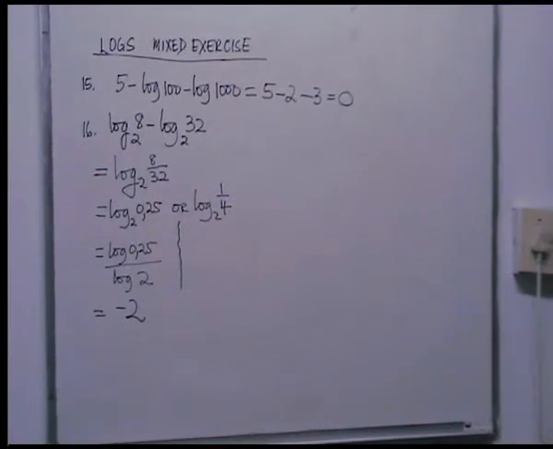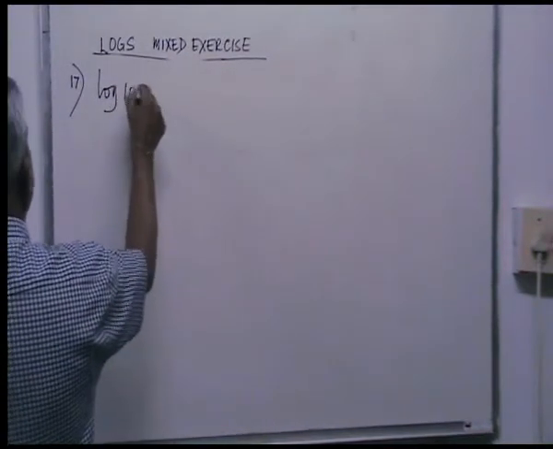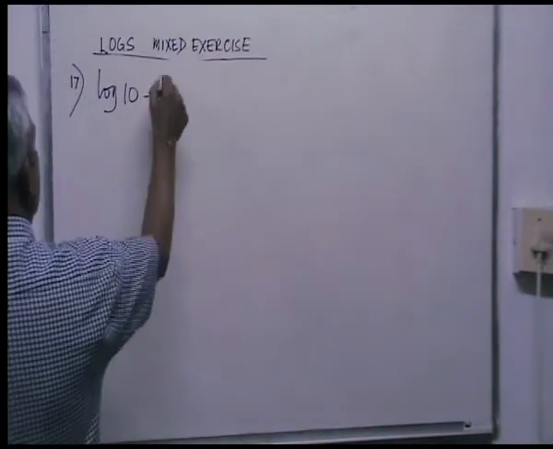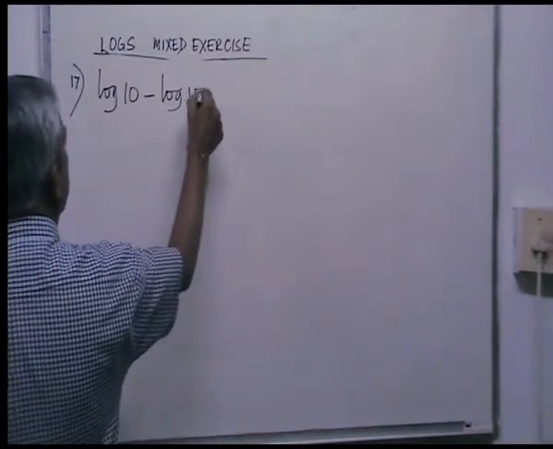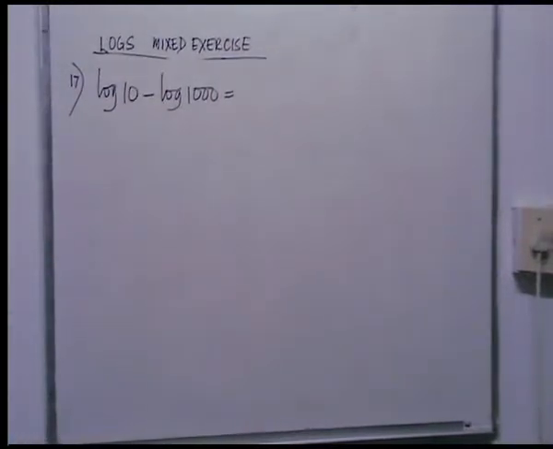We're going to move on to number 17. In number 17 we have log of 10 minus log of 1000. But once again, you've got two choices. You can use common sense and get the answers.